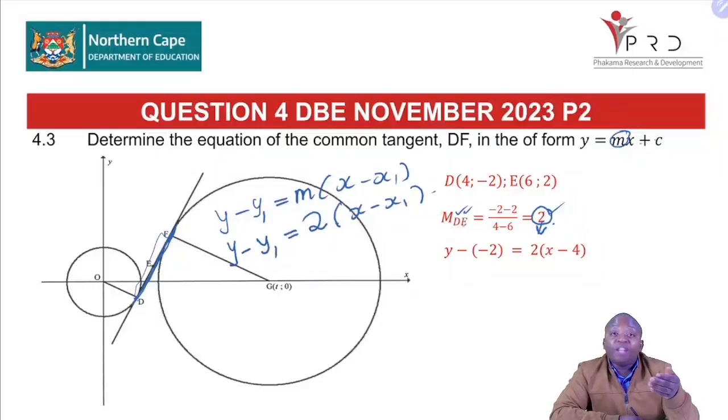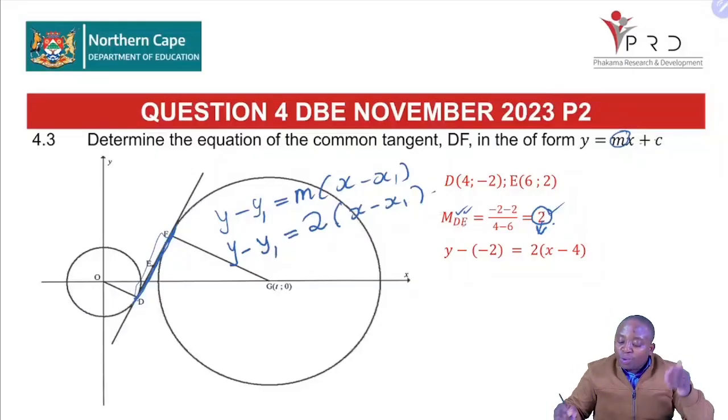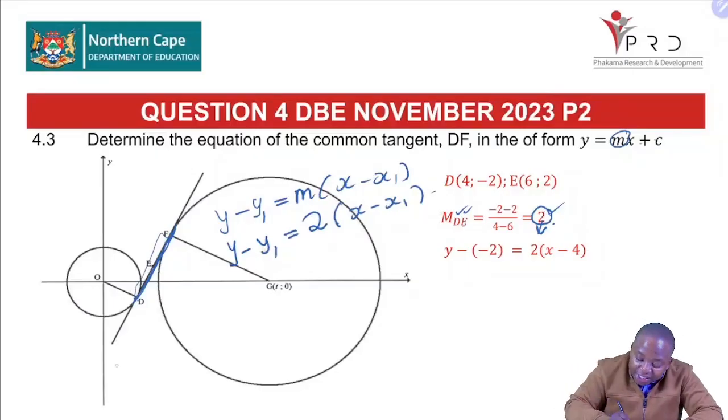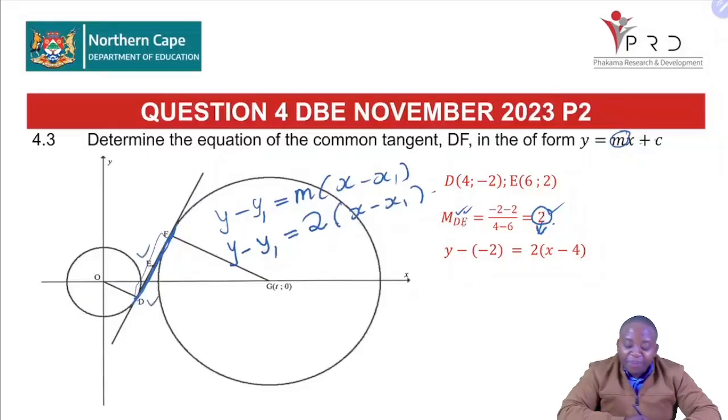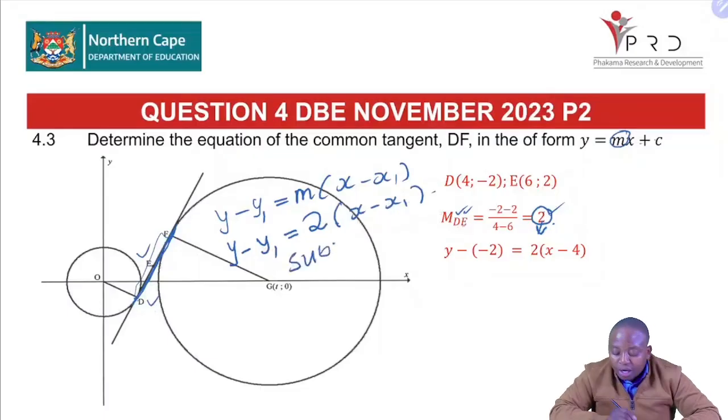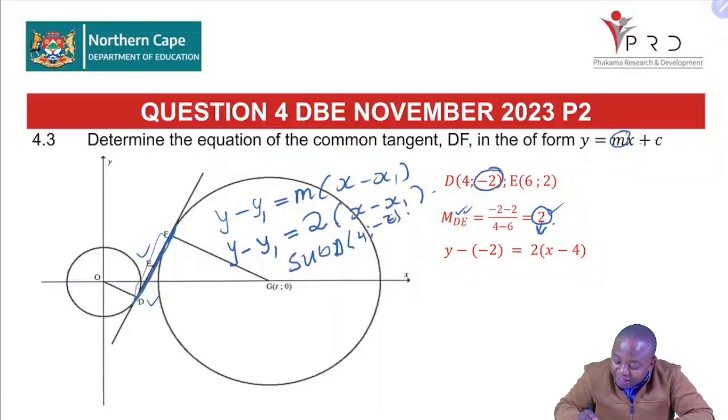Then how do we further work around this problem? We are going to substitute a point on the same line, either D or E, even F we can substitute. Any of those will give me the same answer. So I'm going to substitute a point on our line DF. In this case, we can substitute D, which is (4; -2). In place of y1, I place in the -2, then my x1 is going to be 4.